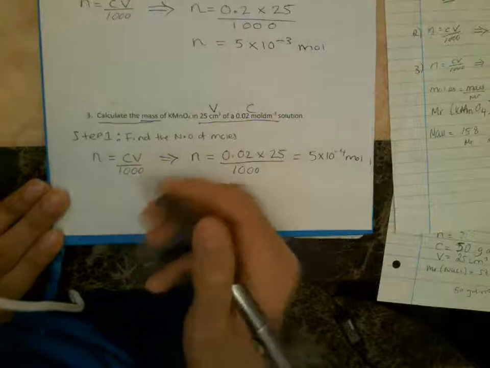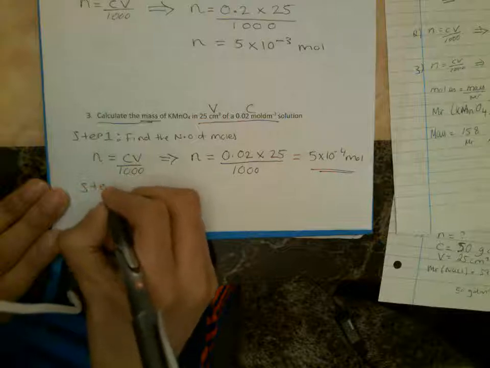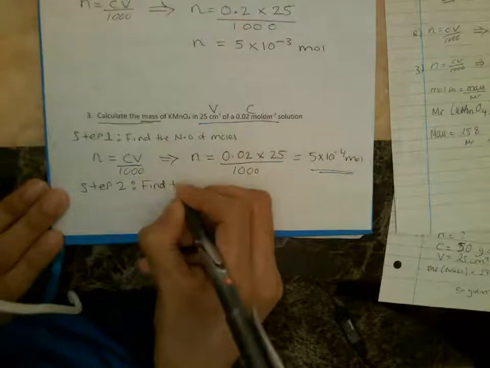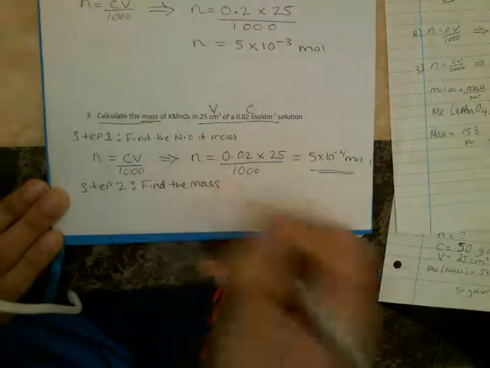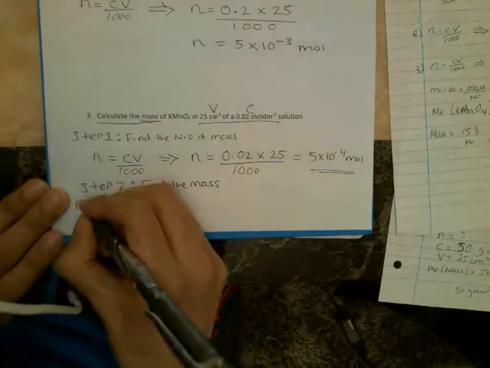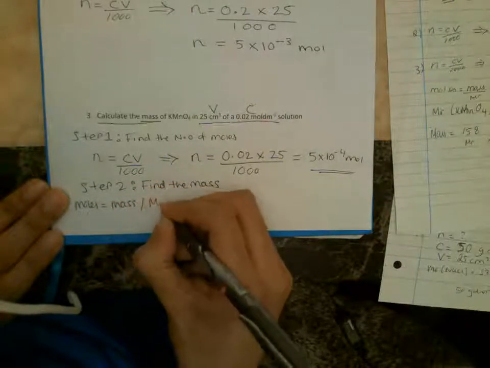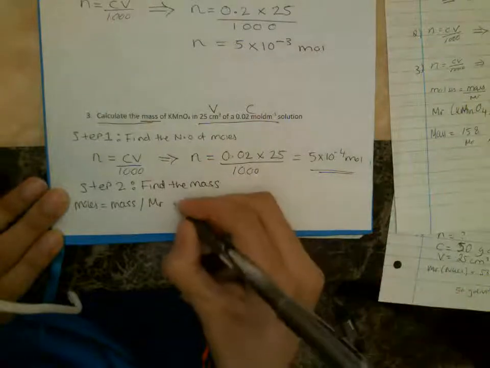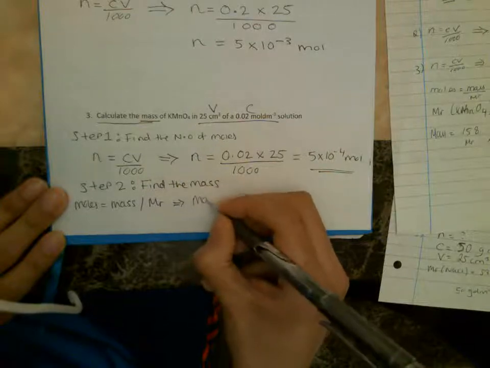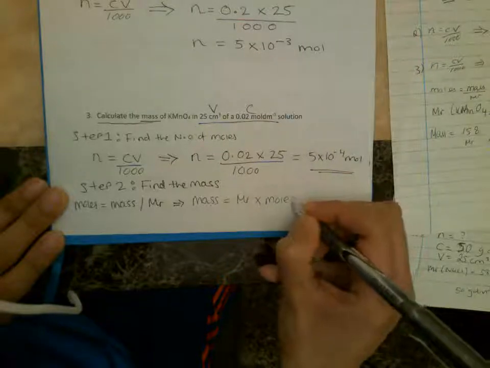Now we've got our moles. Step 2, find the mass. We know that moles equals mass over Mr. And when we rearrange that, we can find that mass equals the Mr times the moles.